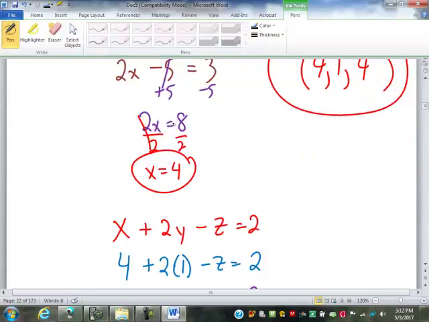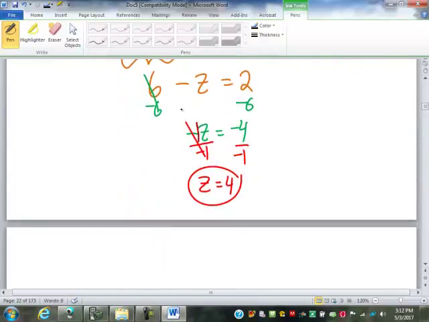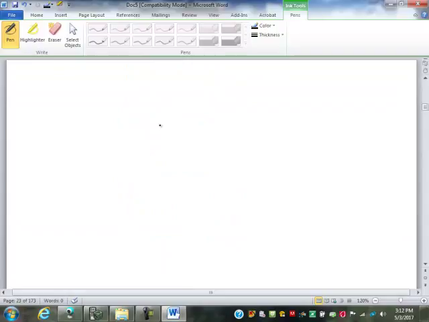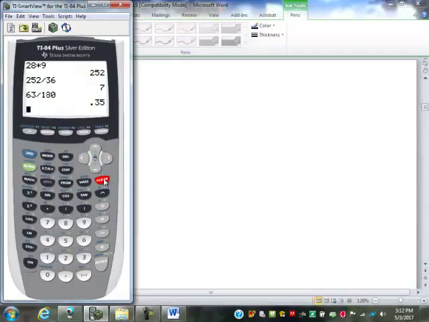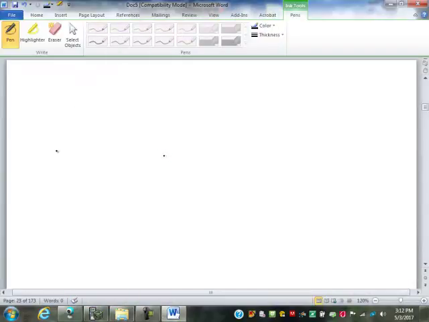Okay. Now, there are electronic ways of solving these. Graphing calculators, by the way, have a function built in for solving systems of equations. But the electronics, the software that does it, the calculators that do it, they all work off of something called a matrix. Now, this has nothing to do with the movie.